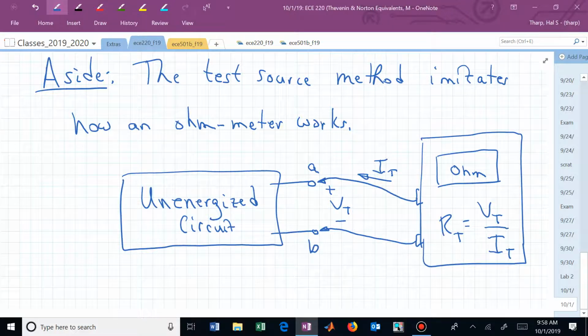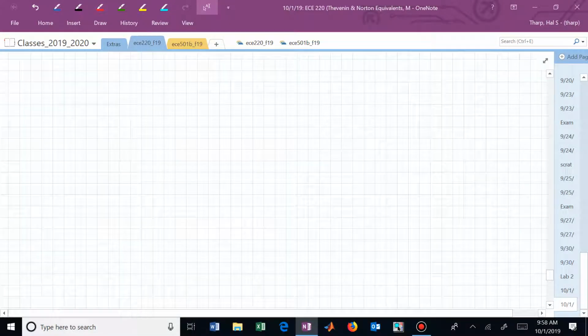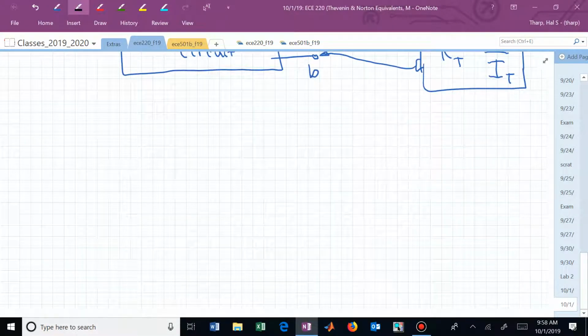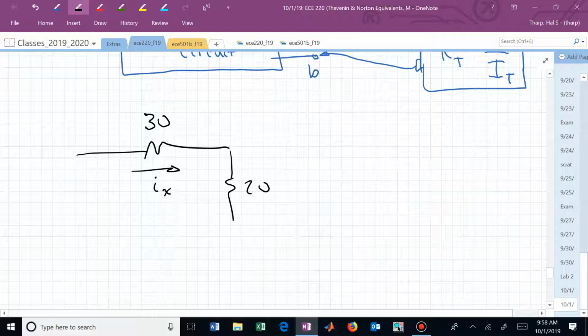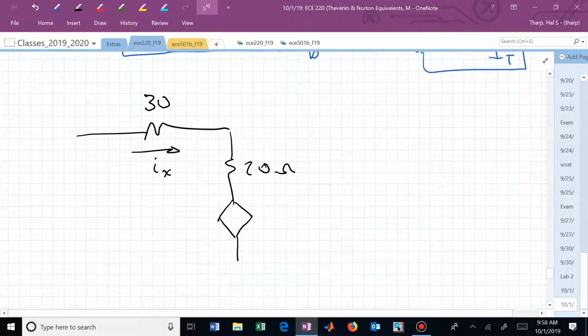Let's now go back. So now we have this circuit where we've combined the 20 and the 10, and this current was a dependent variable I sub x. Then we had 20 ohms here. And we had our dependent voltage source, which was 30 I sub x.